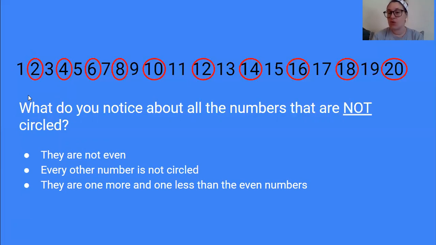They are one more and one less than your even numbers. So 1 less than 2 is 1, 1 more than 2 is 3, 1 less than 6 is 5, 1 more than 6 is 7, 1 less than 14 is 13, 1 more than 14 is 15. So surrounding your even number are 2 odd numbers, okay?